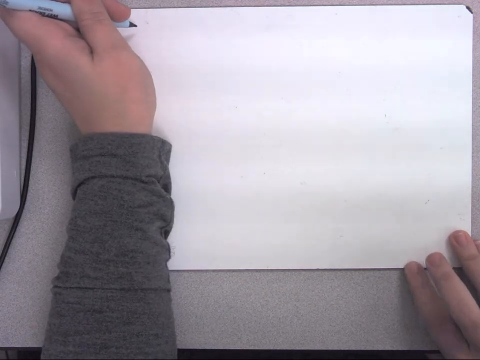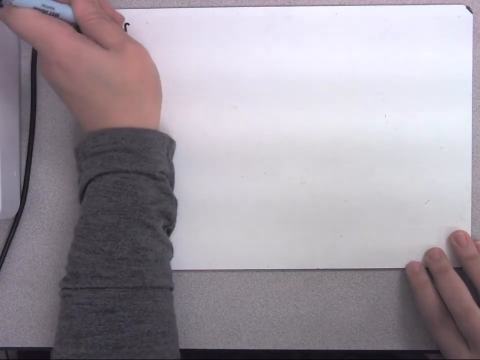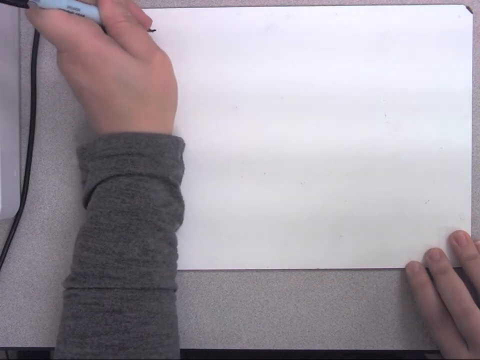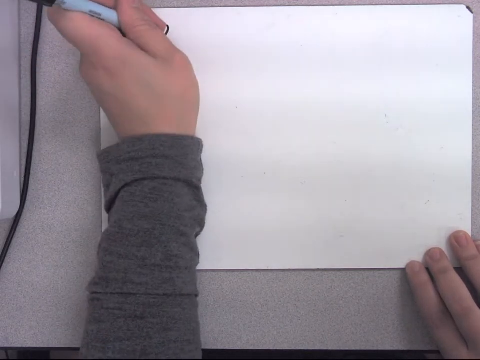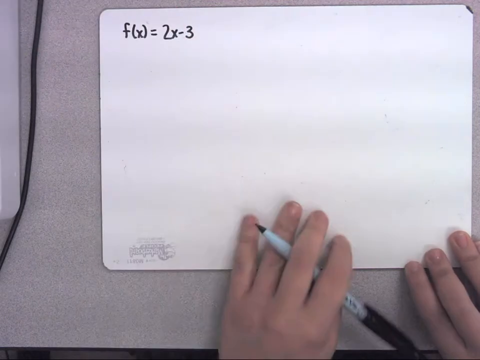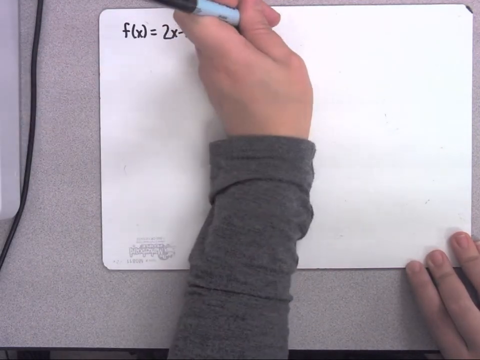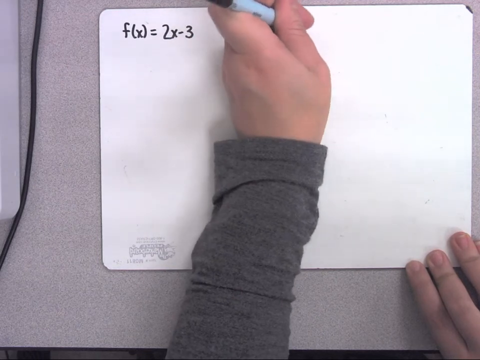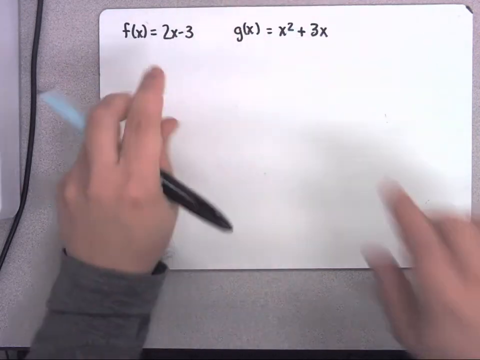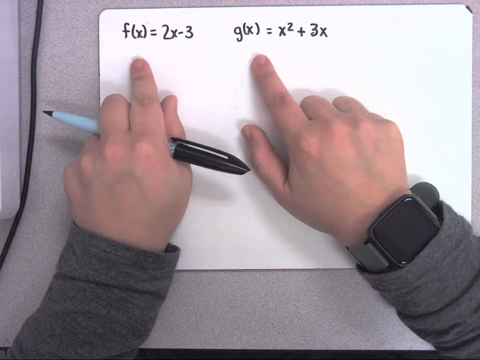The only thing that's sometimes scary is you want to pay attention. So if I write f of x equals, I'm going to make this up, 2x minus 3, but then I write g of x equals x squared plus 3x. See how there's two different equations?